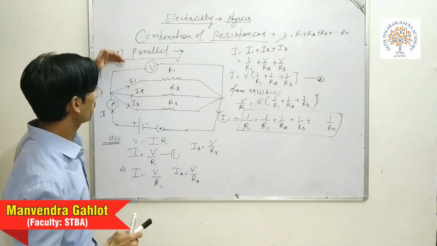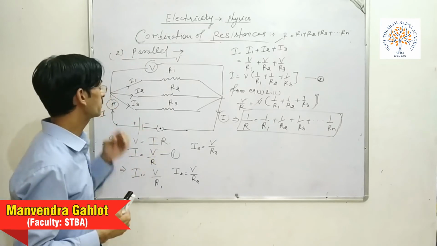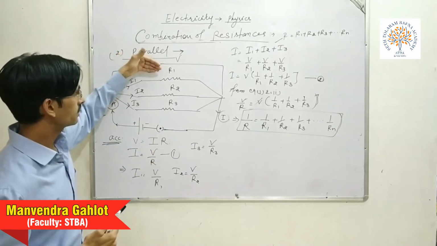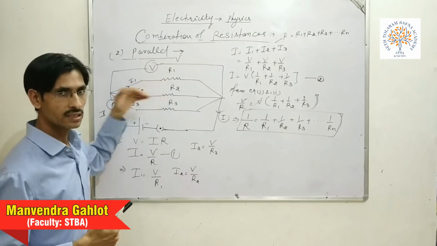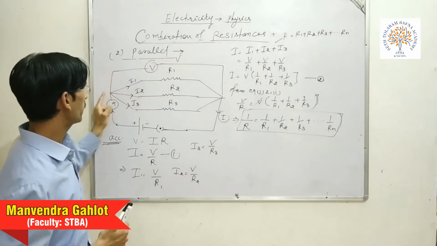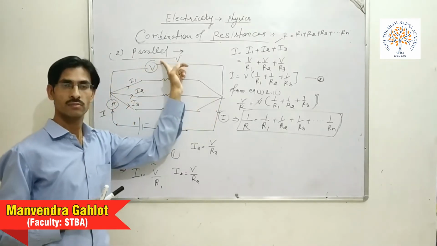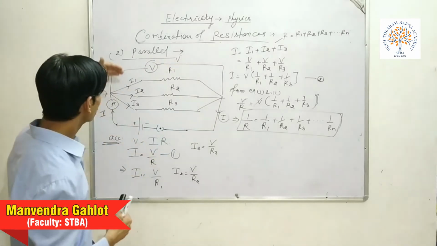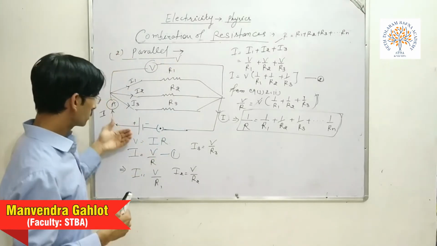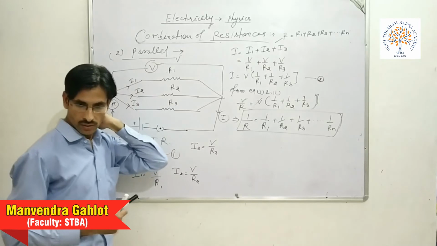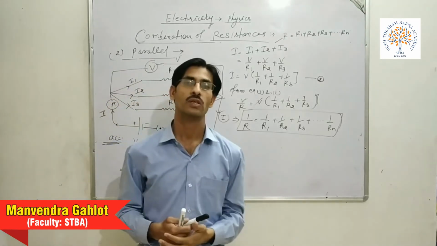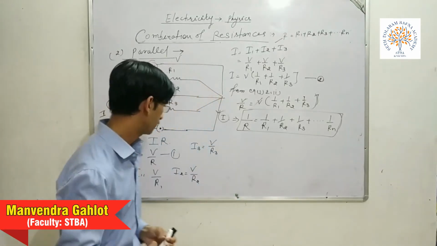Students, so this is parallel combination. We revise fast. There are three resistors R1, R2, R3 connected end to end. So this is called parallel combination with ammeter, cell, key and voltmeter to find the potential difference across the resistor.